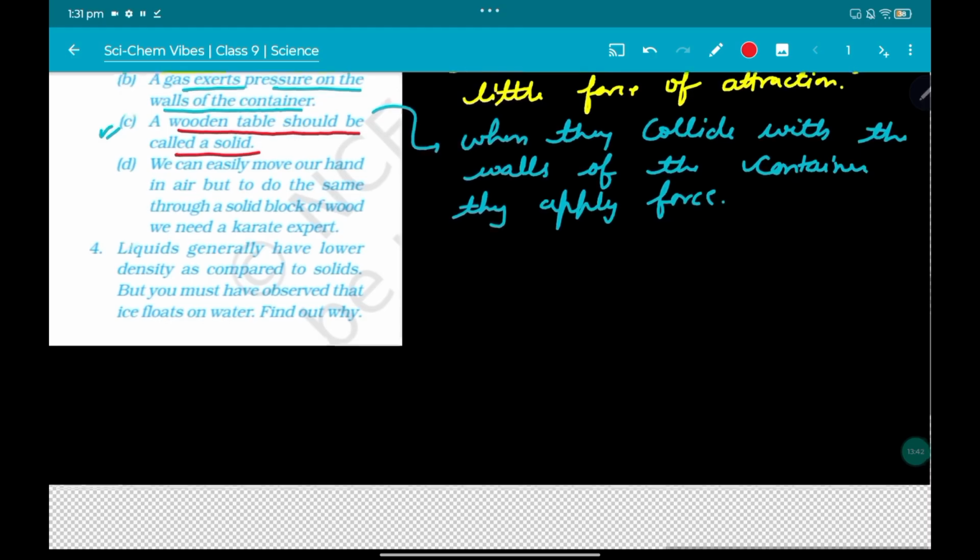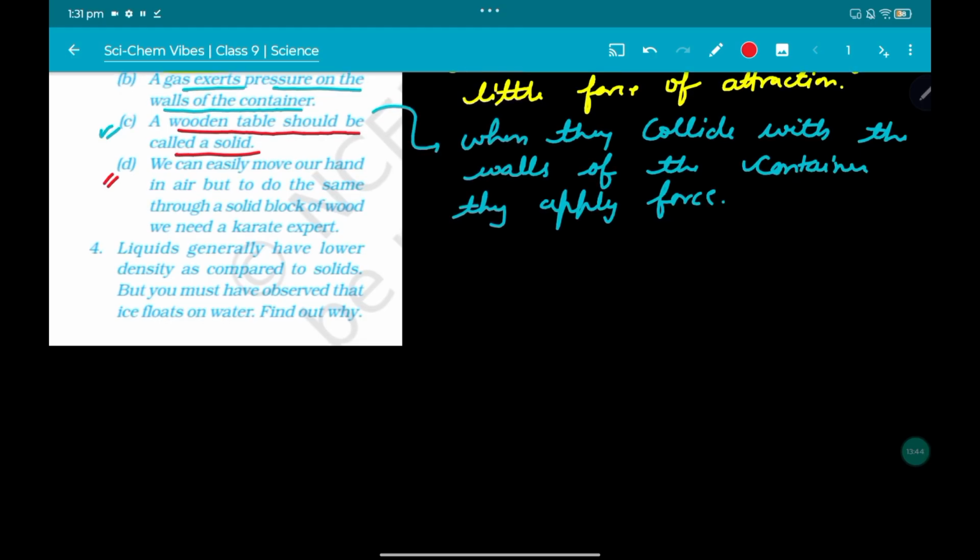Next one is, we can easily move our hand in air, but to do the same through a solid block of wood, we need a karate expert. Why?